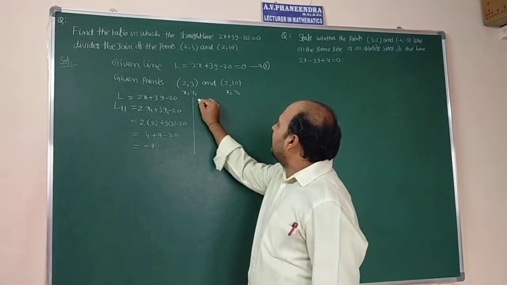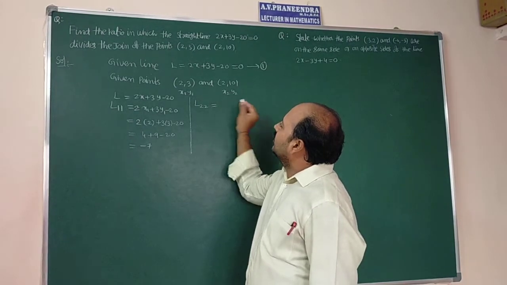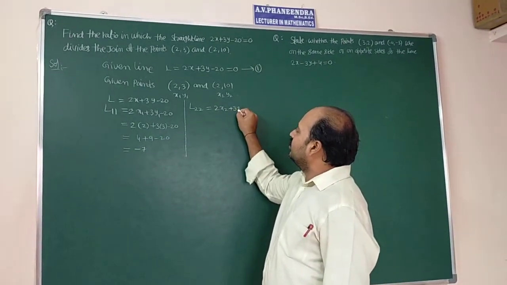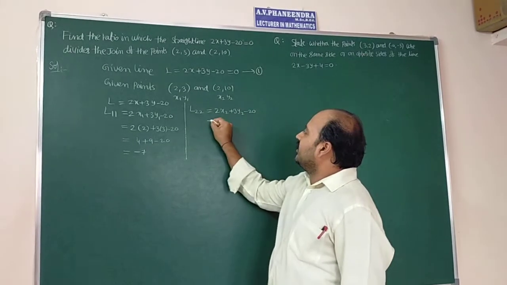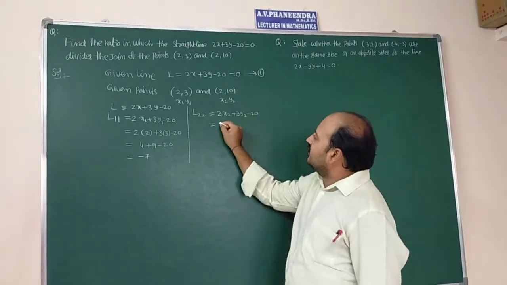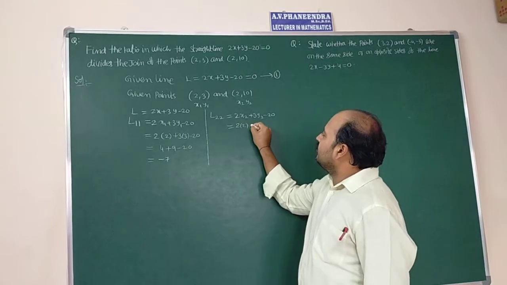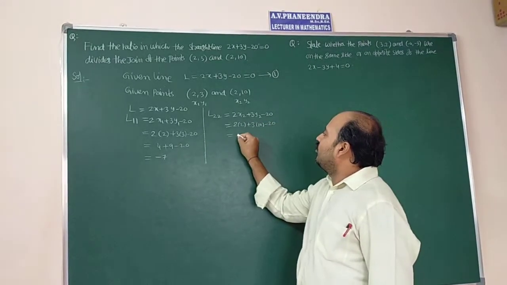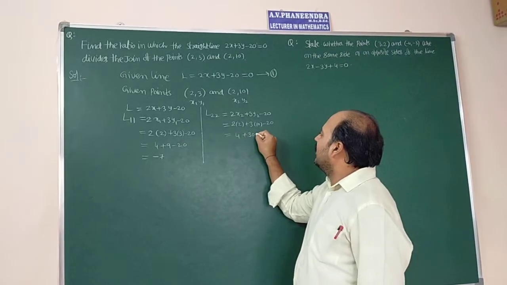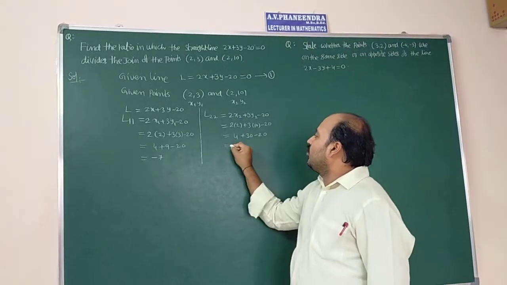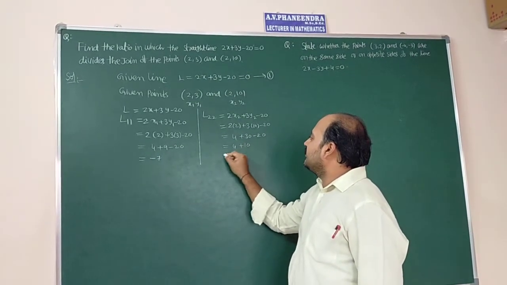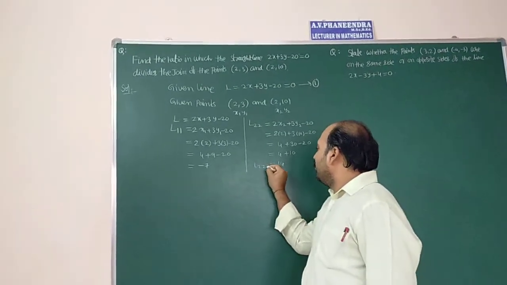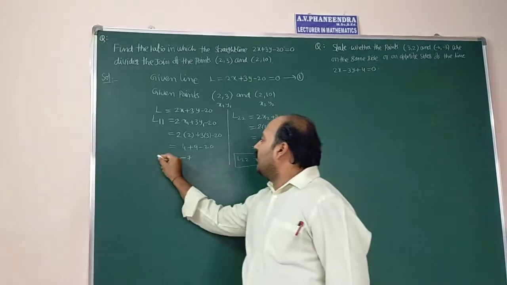Similarly, calculate the value of L22: 2x2 plus 3y2 minus 20. Substitute the x2, y2 values: 2 into 2 plus 3 into 10 minus 20, which is 4 plus 30 minus 20, which is 4 plus 10, which is equal to 14. This is L22. This is L11.